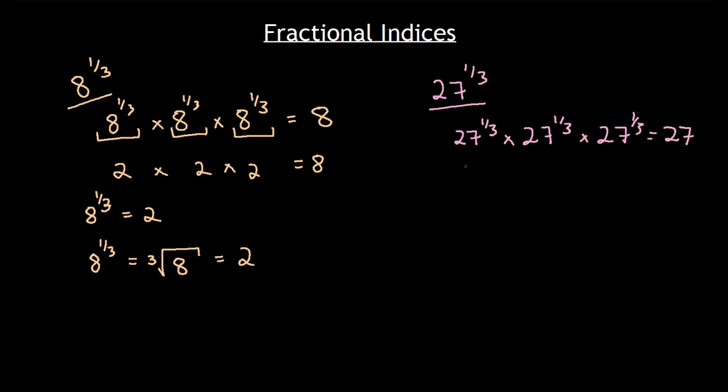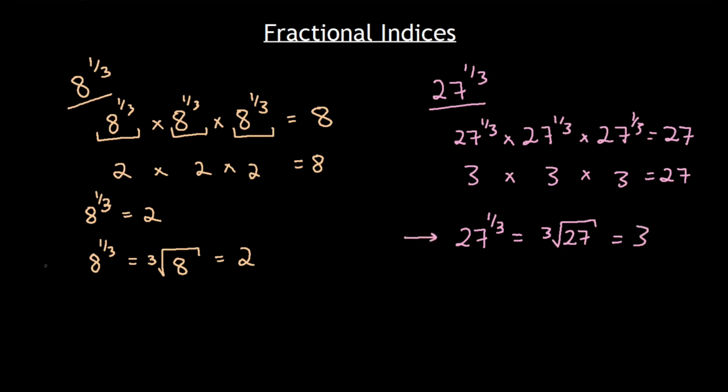That's 3. 3 times 3 times 3 makes 27. So what's the link here? Again, we are cube rooting, so we can say 27 to the power of a third is the same thing as the cube root of 27, and that makes 3. So we can solve it again by these 2 simple steps.